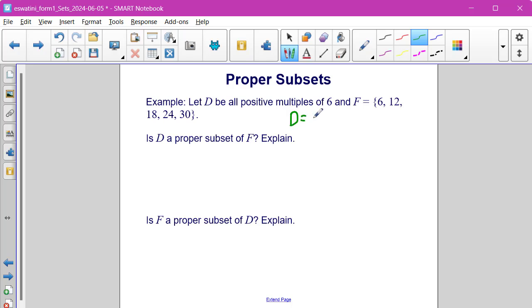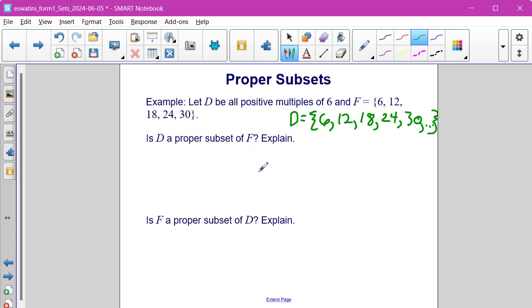So set D are all the positive multiples of 6. So we have 6, 12, 18, 24, 30, and so on. And we have set F as 6, 12, 18, 24, and 30.